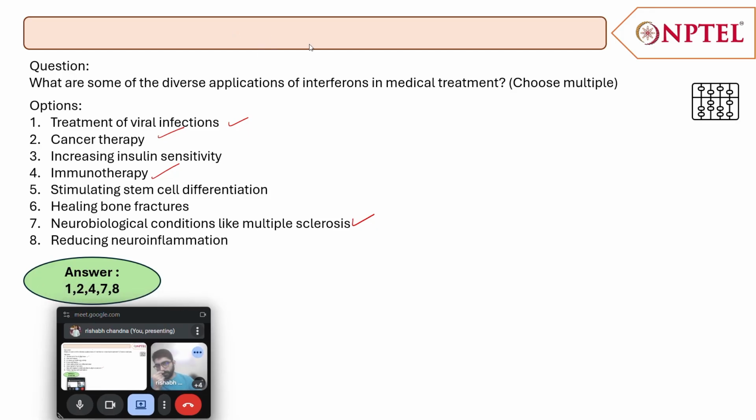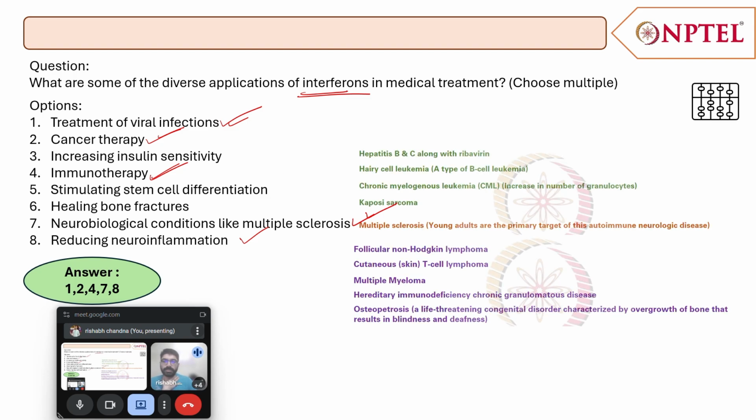Okay, so interferons are basically used to treat viral infections, in cancer therapy, immunotherapy, and neurobiological conditions like multiple sclerosis and reducing neuroinflammation. Okay, so these are the major applications of interferons that we see.